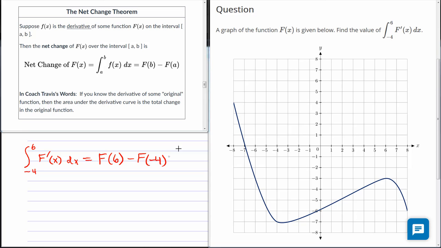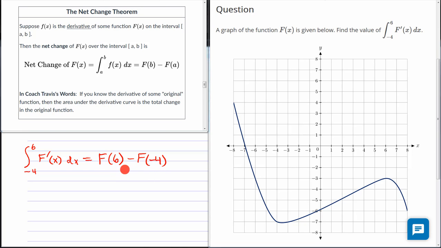That is, if you integrate a derivative, so little f is a derivative, and here f prime is clearly a derivative, you just get the total change in the original function.